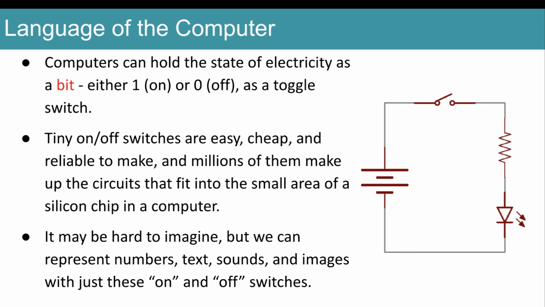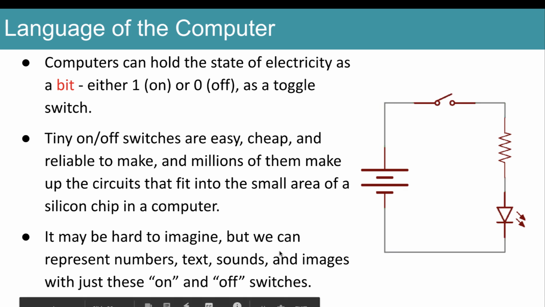The computer is made up of these tiny on and off switches that are easy, cheap, and reliable to make, and millions of them make up the circuits that fit into the small area of a silicon chip in a computer. It may be hard to imagine, but we can represent numbers, text, sounds, and images just with these on and off switches. So when the switch is on, it's a 1, and when it's off, it's a 0.